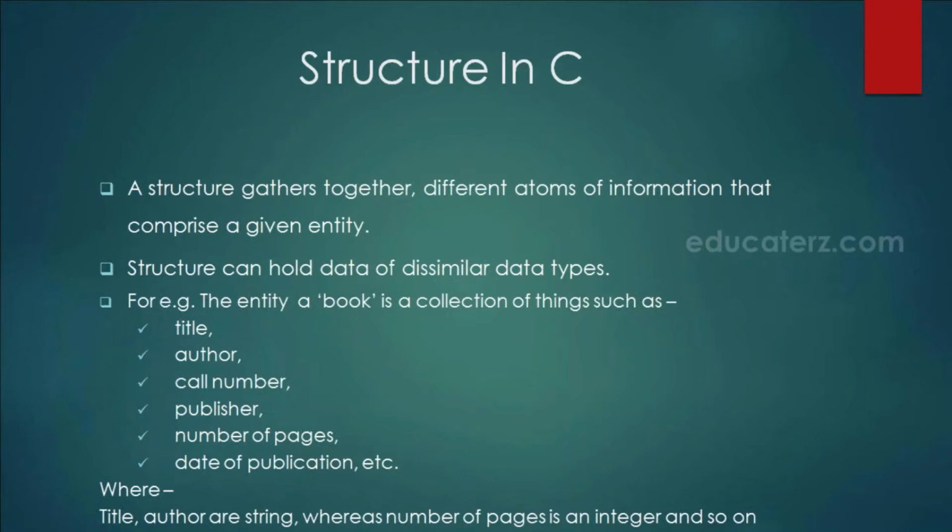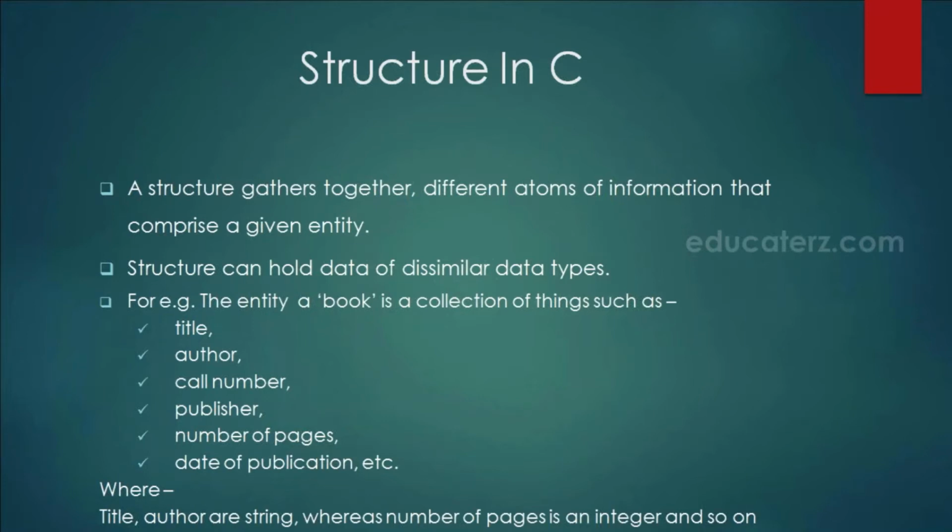For example, if we have an entity as a book, which is a collection of a few pieces of information like title, author of the book, call number, then publisher, number of pages, date of publication, etc. The data types of these different things will be different, but still we can club them together in one structure, because these things are related to the entity book.